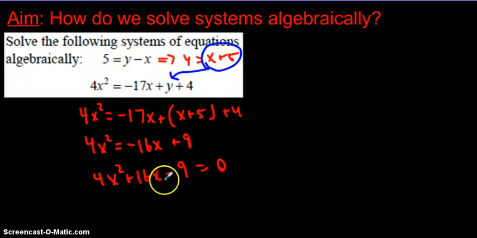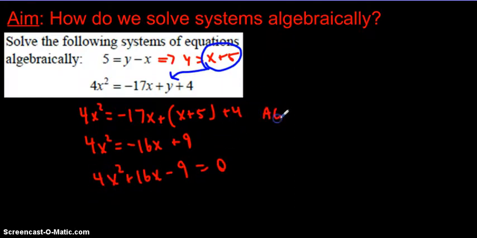Now to factor this completely, it doesn't have a GCF. Is this a perfect square polynomial? This has a square root, this has a square root. That's 2x and negative 3. Multiply that by each other. That's not this. So, alright, let's factor by grouping.